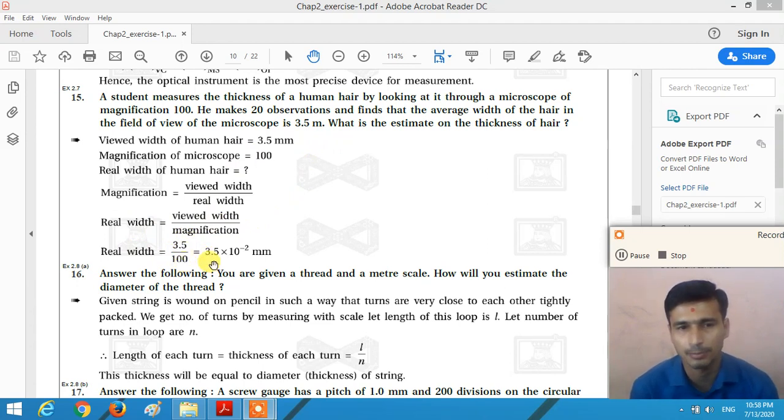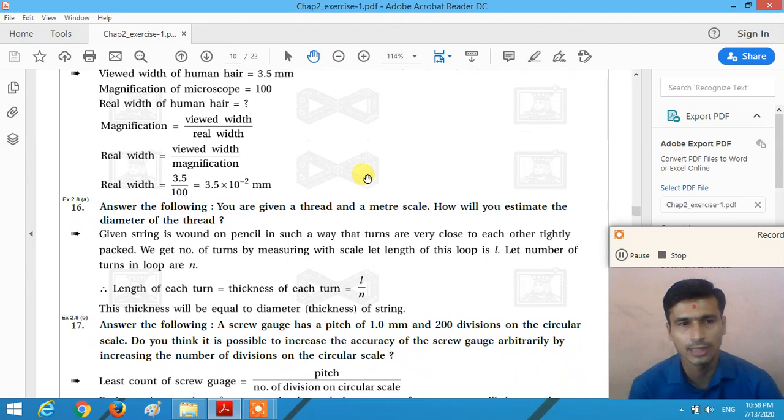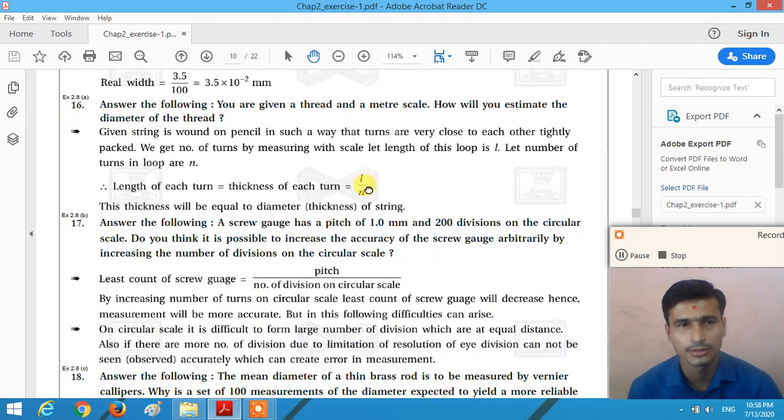We get 3.5 multiplied by 10 raised to minus 2 mm. So the original width of the human hair is 3.5 multiplied by 10 raised to minus 2 mm, or we can write 0.0035 mm, right?